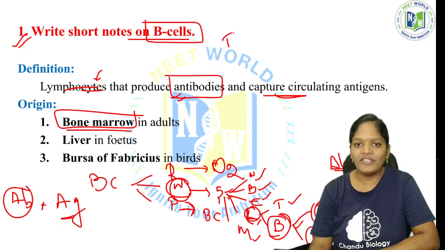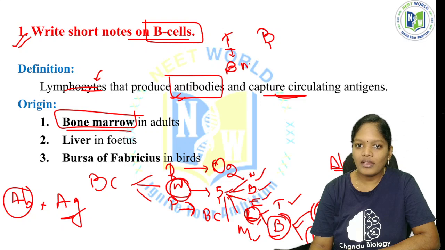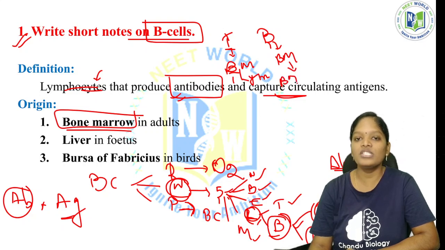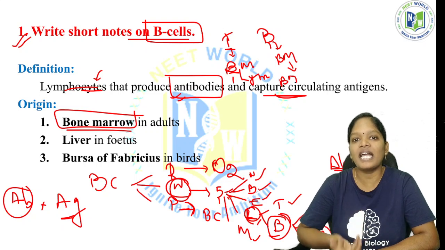So we have T cells and B cells. The T cell is produced in the bone marrow, and the B cell is also produced in the bone marrow. The T cells mature in the thymus, and the B cells mature in the bone marrow itself. This is the difference between T cells and B cells.